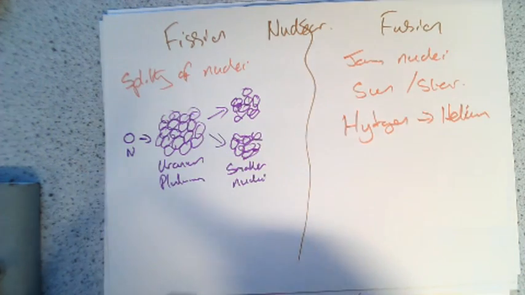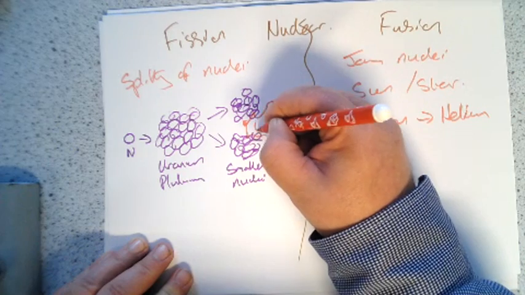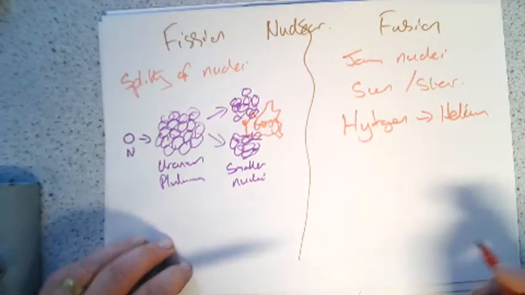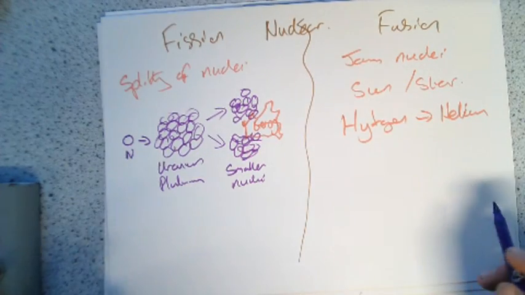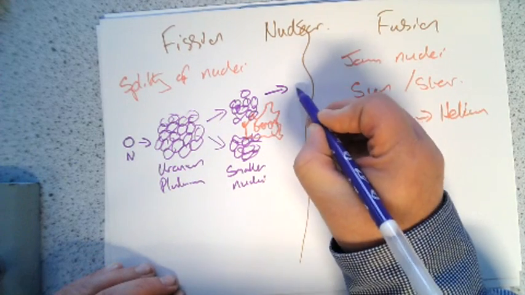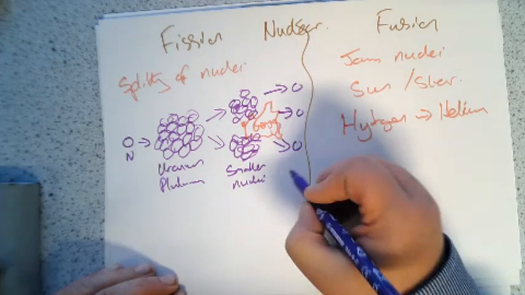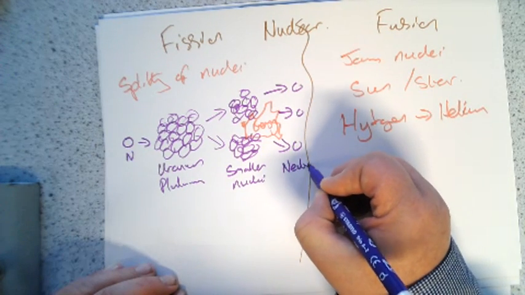As they split, they release a large amount of energy, okay? So in that process of splitting, they release a large amount of energy, and they also release 3, and this is important, 3 more neutrons.